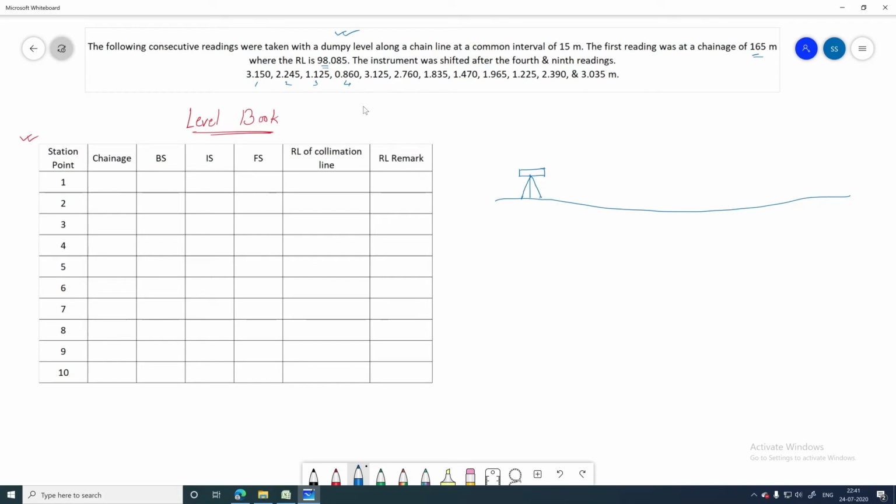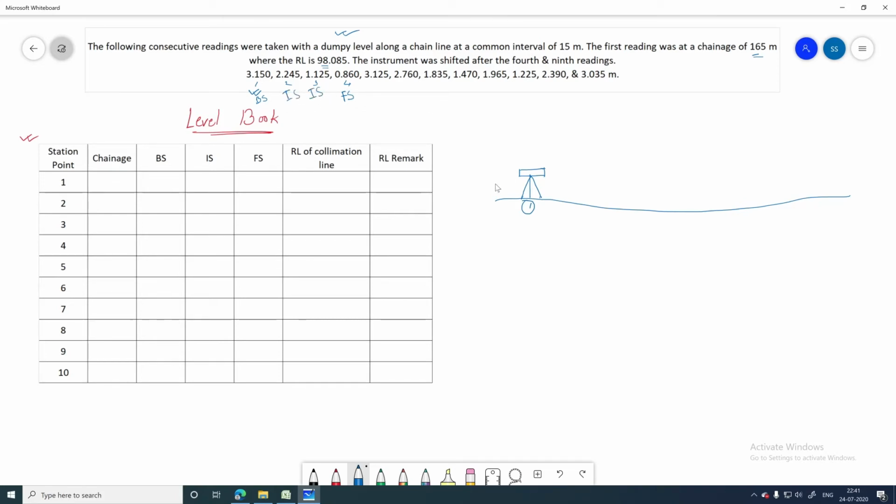That means from this first instrument station, 4 readings are taken: 1, 2, 3, 4. We already know the first reading is called the backsight reading, the last reading is called the foresight reading, and the others are called the intermediate sight readings.